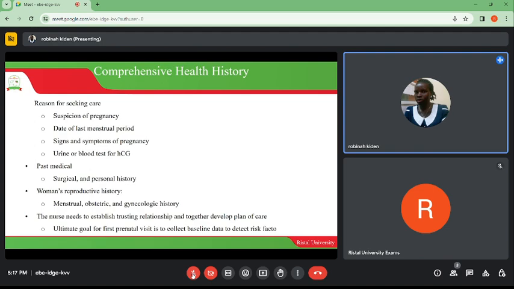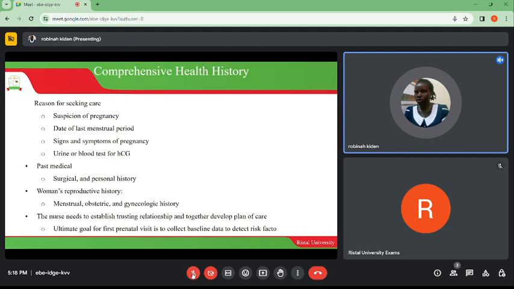Then woman's reproductive history. We find out about her menstrual, obstetric and gynecological history. Menstrual, I have already stated. We find out the first day of the last menstrual period. Then obstetric: has she ever been pregnant before? How many pregnancies? Those earlier pregnancies, did she have any miscarriage?